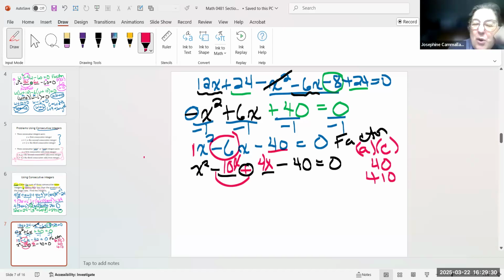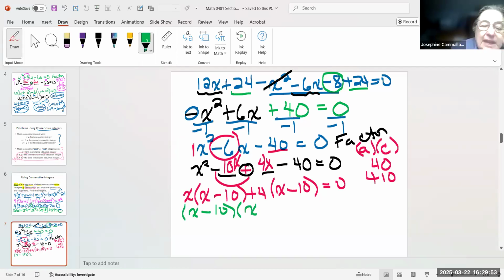They make negative 6. This is x minus 10, x plus 4 is equal to 0.